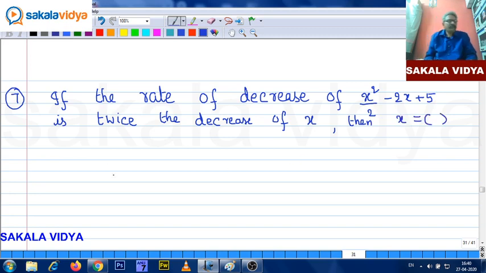First option is 2, second option is 3, third option is 4, fourth option is 1.